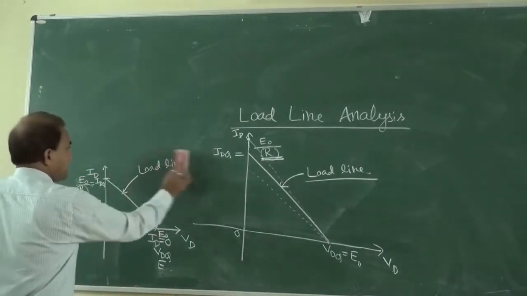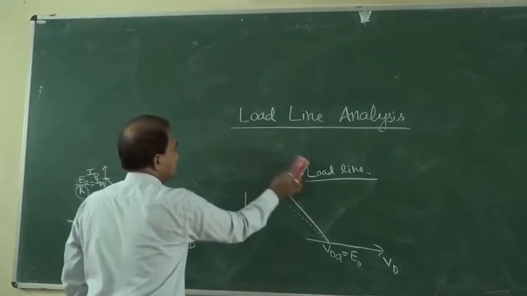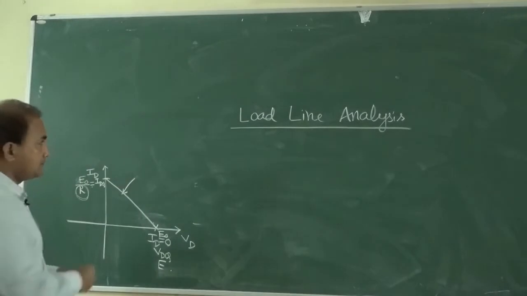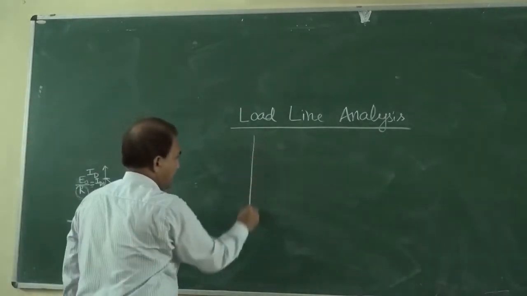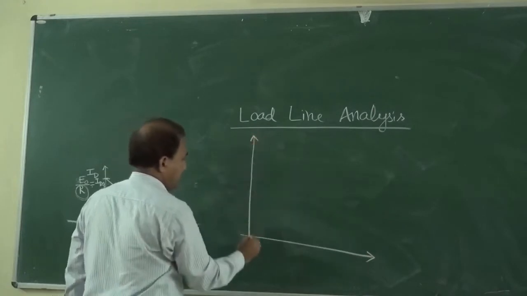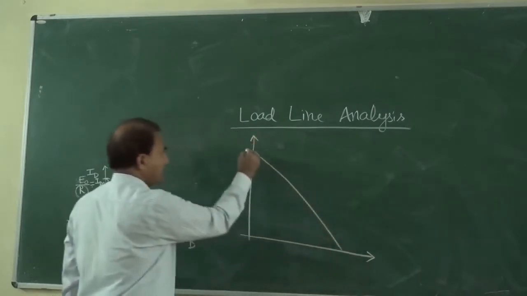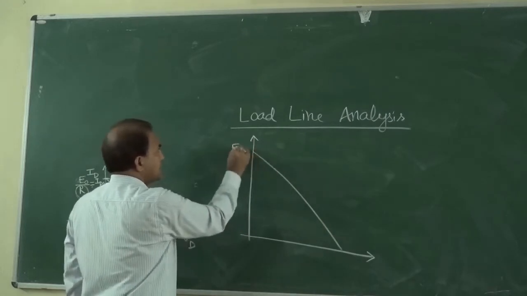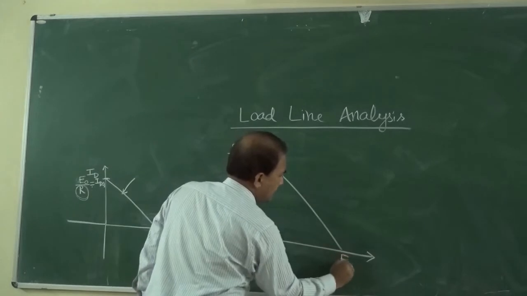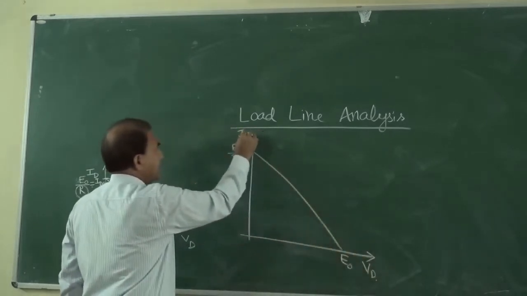You can see this graph. Suppose we have drawn the load line. This is E naught by R, and this is E naught, VD versus ID.